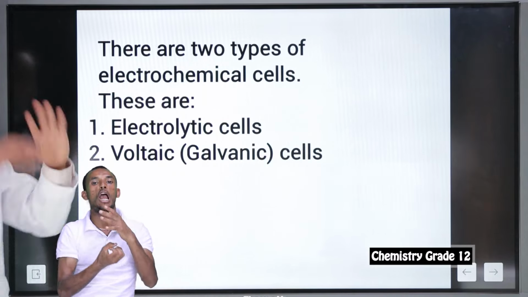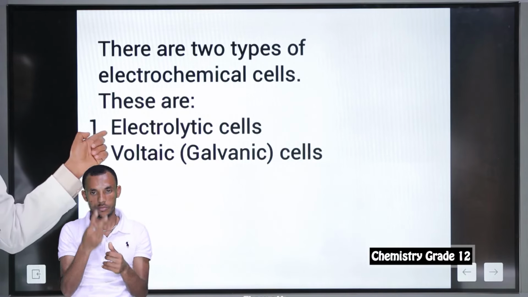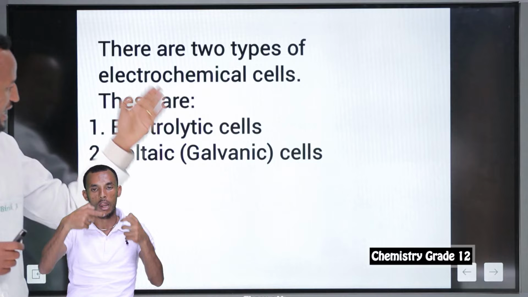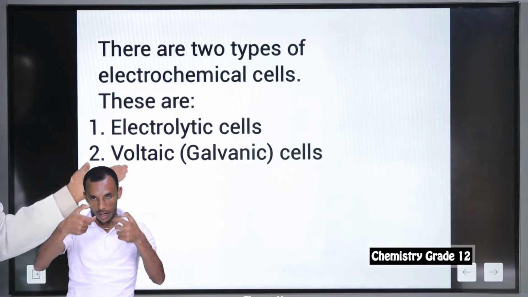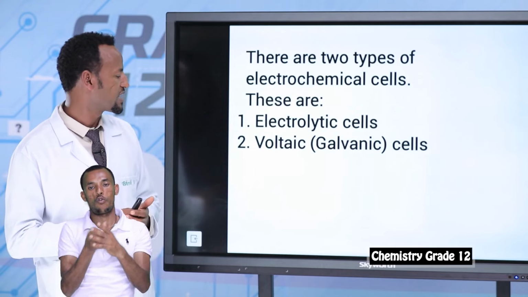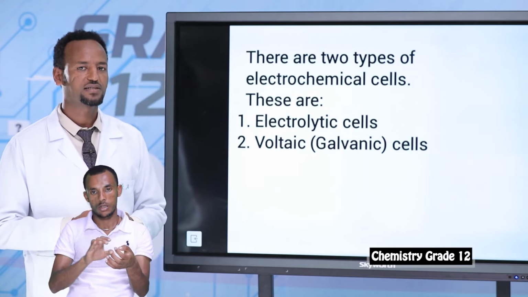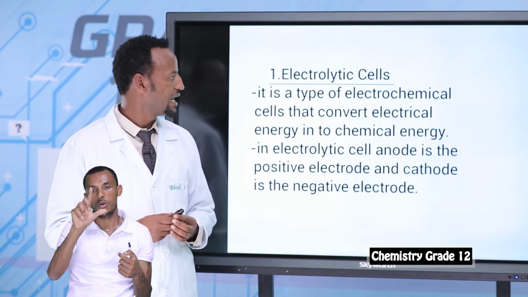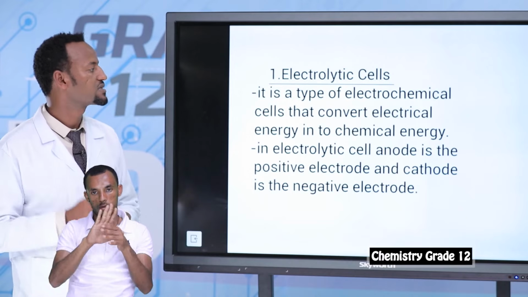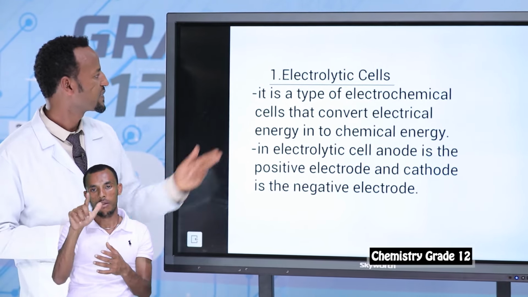Voltaic or galvanic cell was discussed in the previous topic or will be discussed in the next class. Electrolytic cell is an electrochemical cell. Voltaic cell is another part of electrochemical cells. Today we only discuss electrolytic cells. Galvanic cell is discussed in the next class.